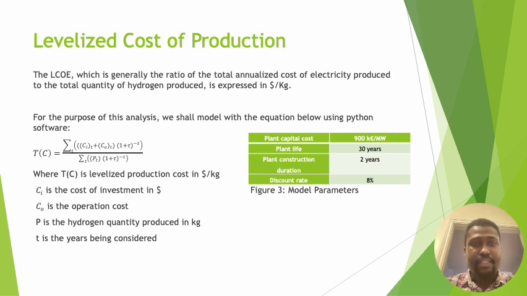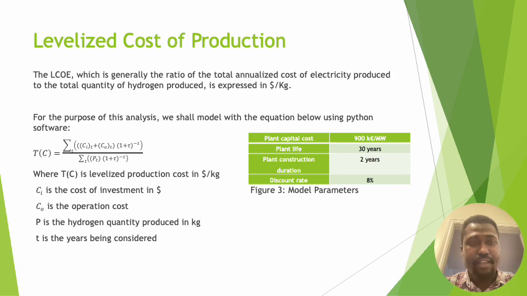Further in the analysis, we need to understand the concept known as the levelized cost of production, which is generally referred to as the ratio between the total annualized cost of electricity that is produced from our renewable energy sources to the quantity of hydrogen that is actually produced. This ratio is expressed in dollars per kilogram.